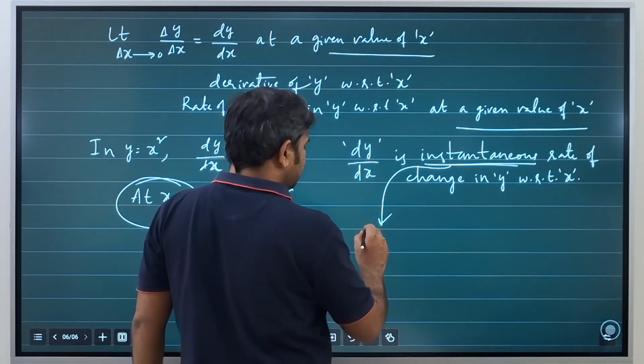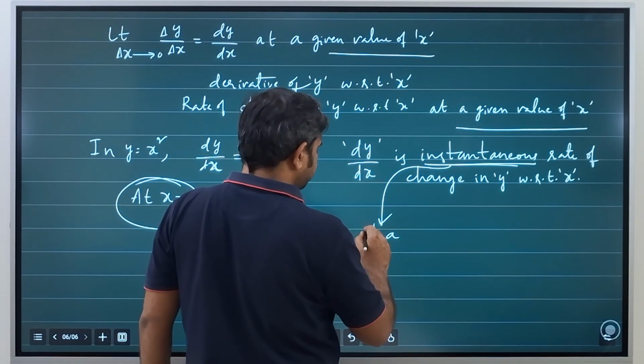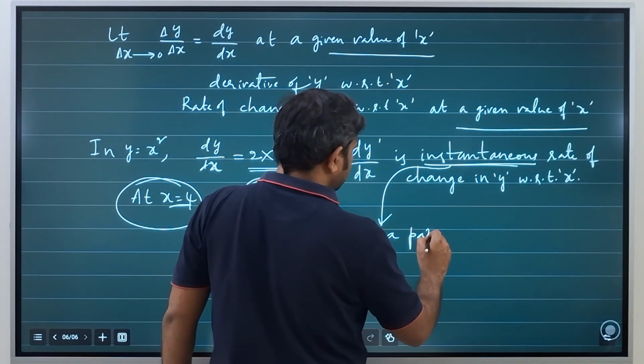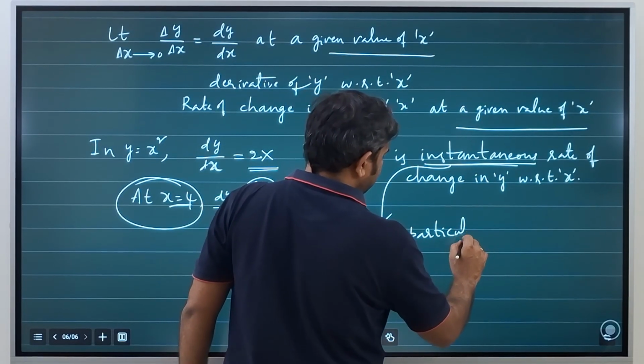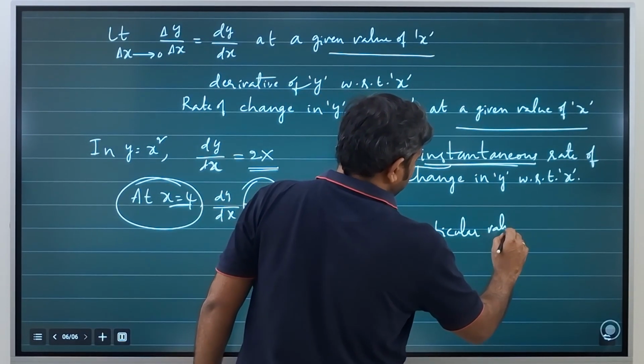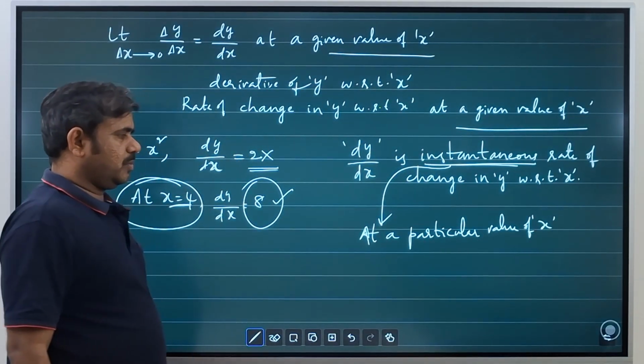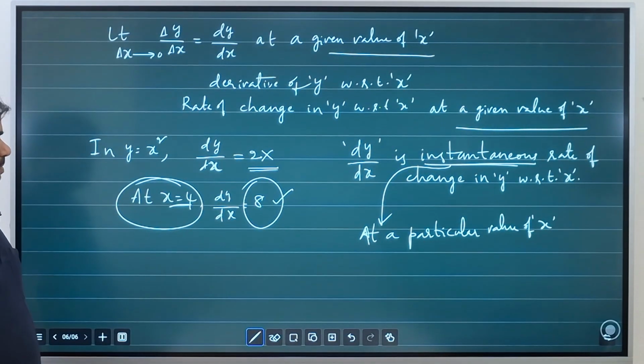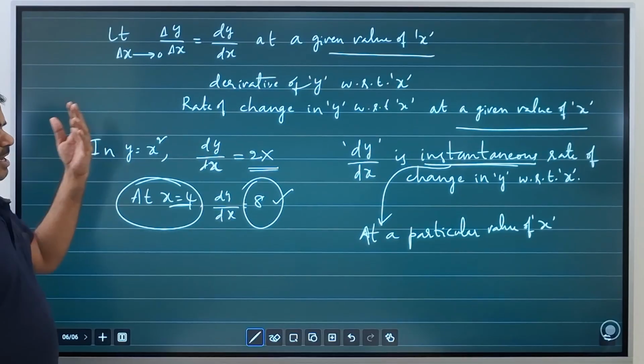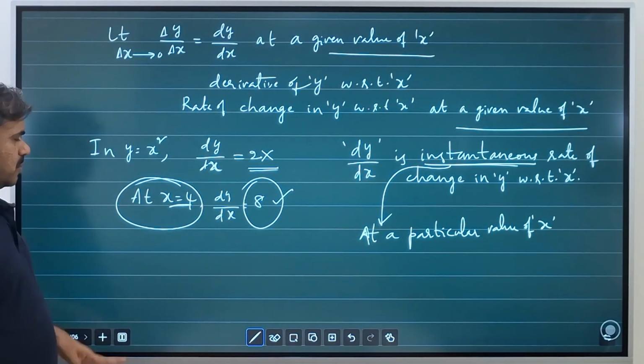Instantaneous means at a particular value of x. That's what instantaneous means.